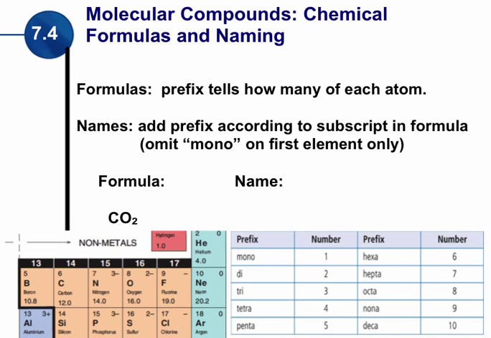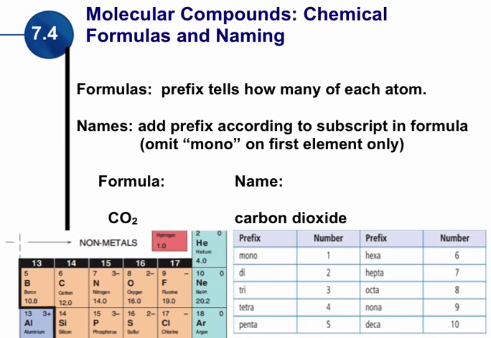Now that 2 corresponds to our prefix di. So if we're doing our name, we start with the first element, followed by our second element with our prefix di. And keeping in mind, we do change to IDE, we have the name carbon dioxide.